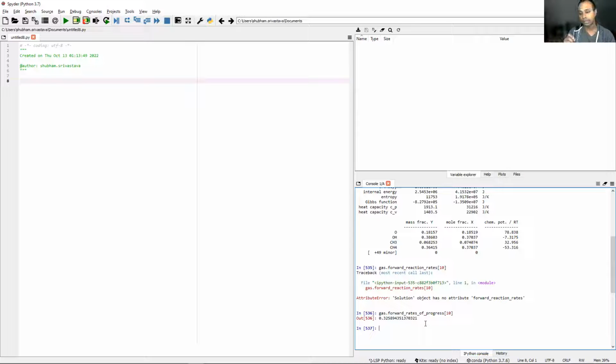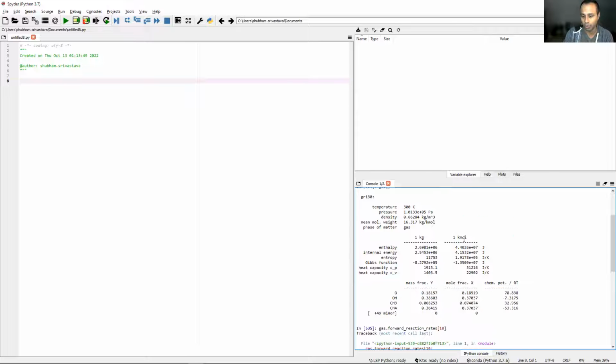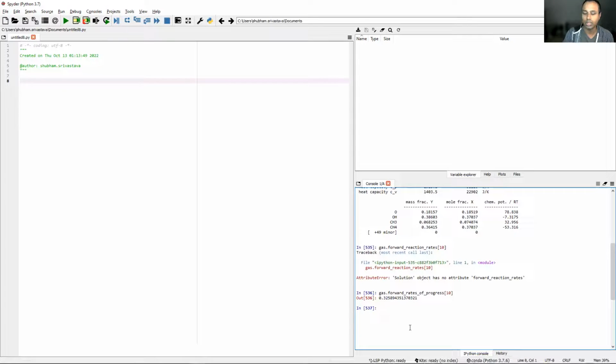And the unit is kilomole per meter cube per second. All right, now if we want to know the reverse rate of reaction, so this means to calculate the rate of reaction when CH3 plus OH go back to CH4 plus O, all we have to do here is just change forward_rates_of_progress to reverse_rates_of_progress. Okay.